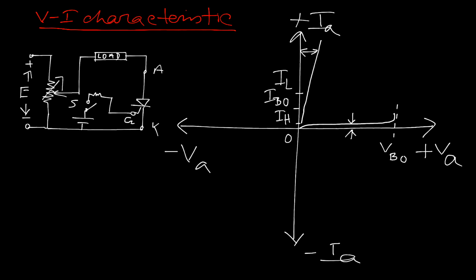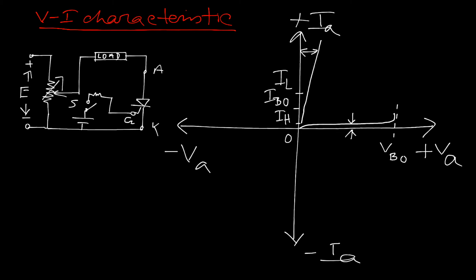IH is the minimum amount of current able to maintain the on state of the switch, below which the switch must be in the off state. IL is the latching current, the minimum amount of current normally needed for the conduction process of the SCR, below which the SCR can be on or off. That is the uncertainty. That is why these are fixed values, IL and IH. Okay, fine.